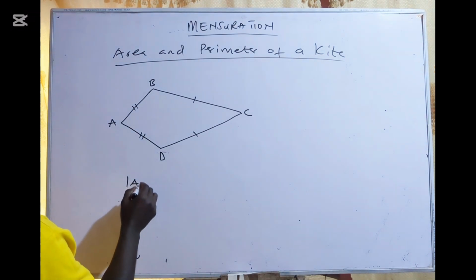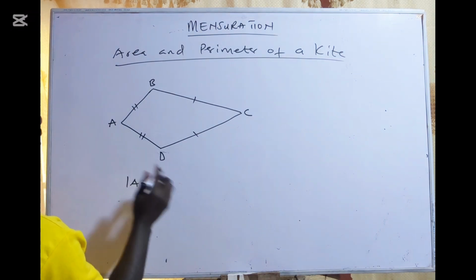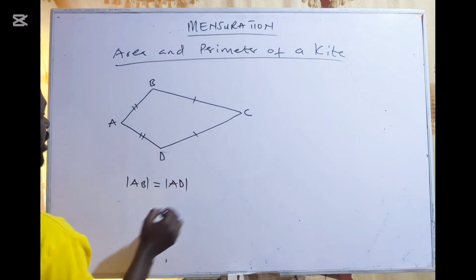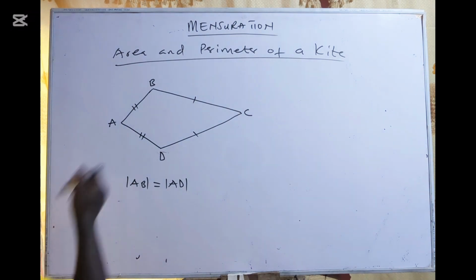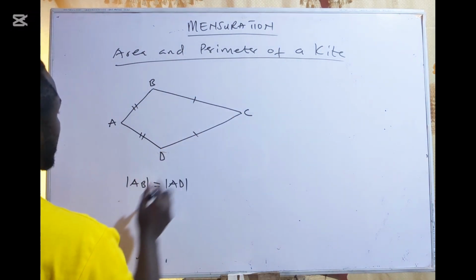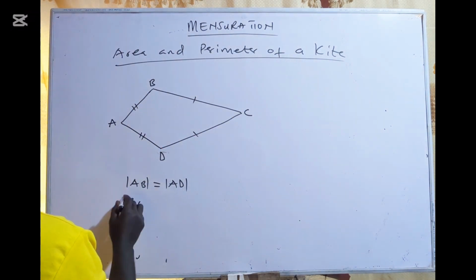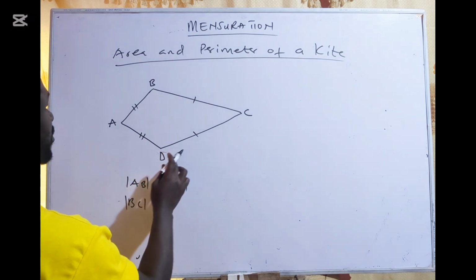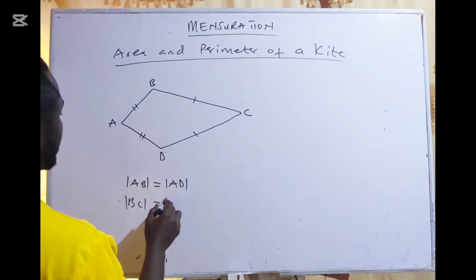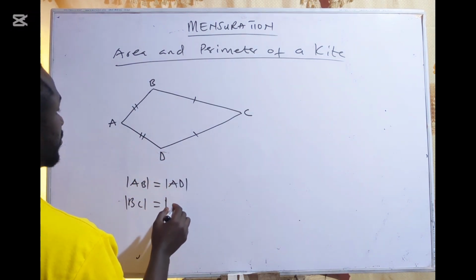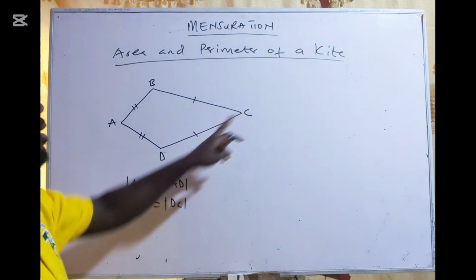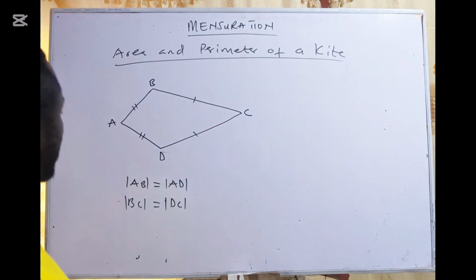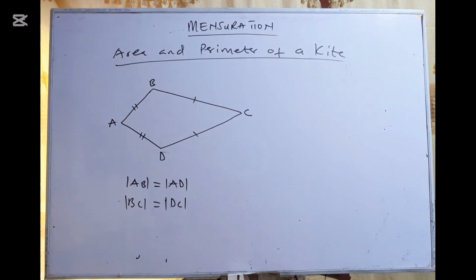So AB is the same as AD. That's a property of a kite. And then BC, these two sides that are adjacent are also equal. So BC is also the same as DC. So that is about a kite.